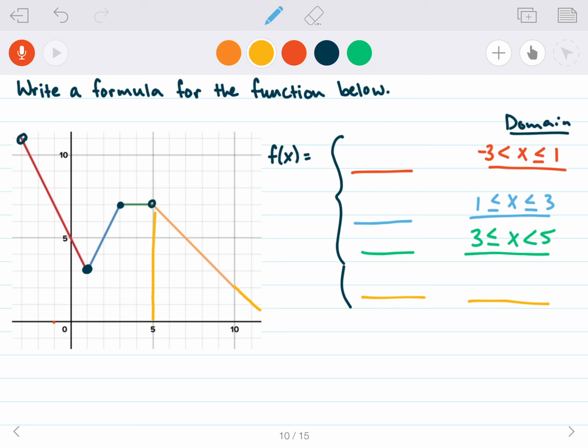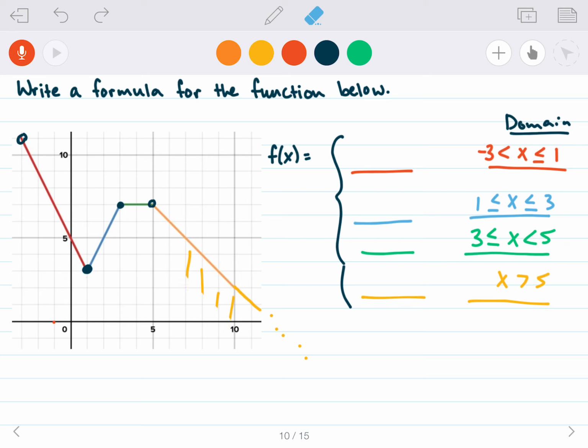Okay, so the lowest x value I have is 5. So we have x is greater than 5, right? Because it could be 6, it could be 7, it could be 8, 9, 10, but it goes on forever. We're assuming that it goes on forever, so we don't need to squish them in between anybody. It's just x is greater than 5.